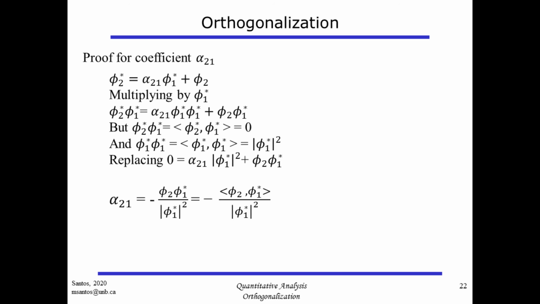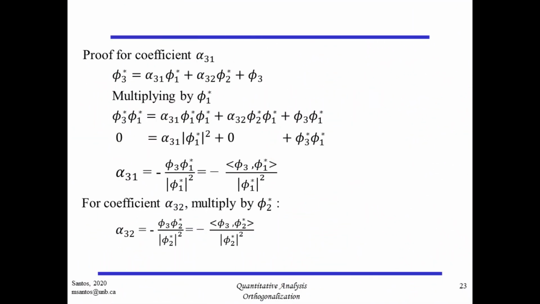And we also know that the product of phi 1 star times phi 1 star is basically the quadratic norm for phi 1. So here is what we have now, replacing all elements. And now what we have to do is evaluate the value of coefficient alpha 2 1, which is then given by the product of row vector phi 2 and phi 1 star divided by the quadratic norm of phi 1 star.